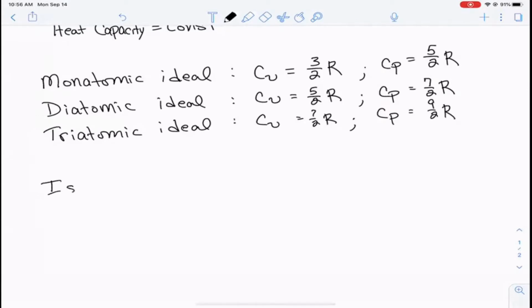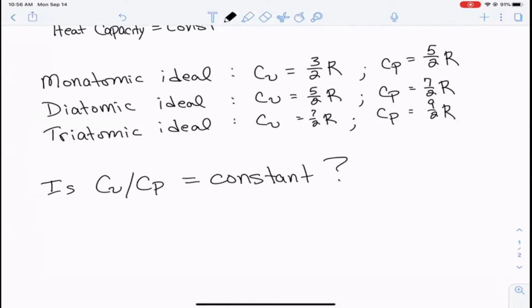So in real life, are these heat capacities really equal to these constants that we have here? One of the best ways to visualize that is to plot the heat capacity, either one of them, as a function of the temperature. And your book does that.